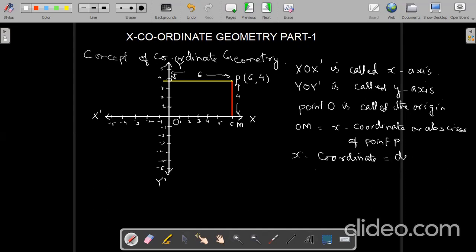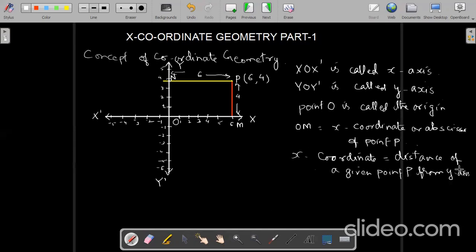The x-coordinate is the distance of a given point, here P, from the y-axis.